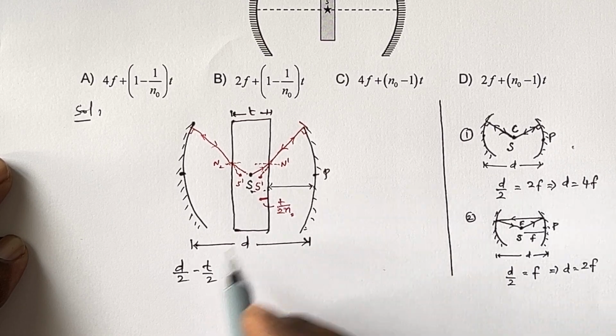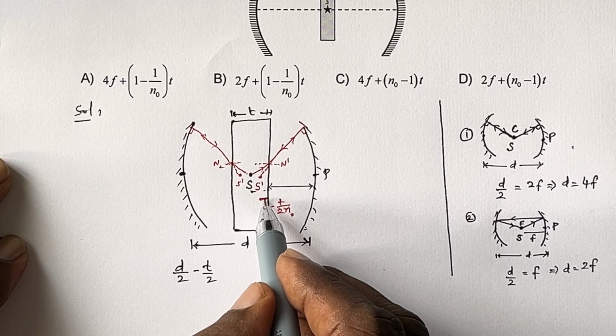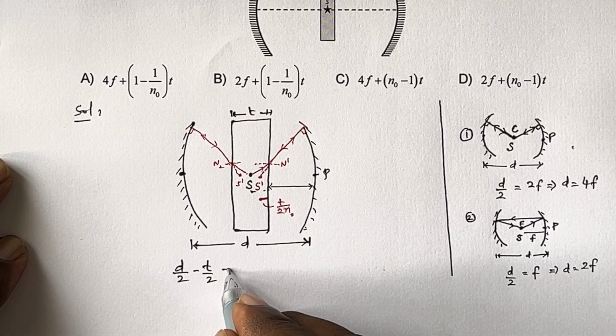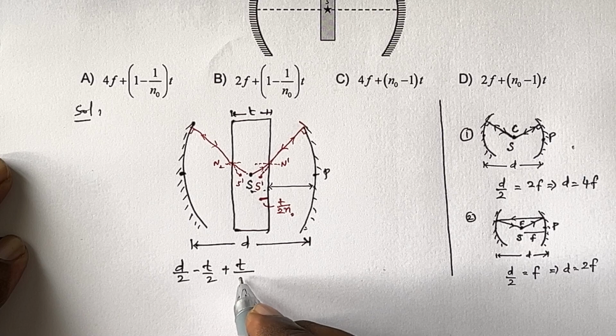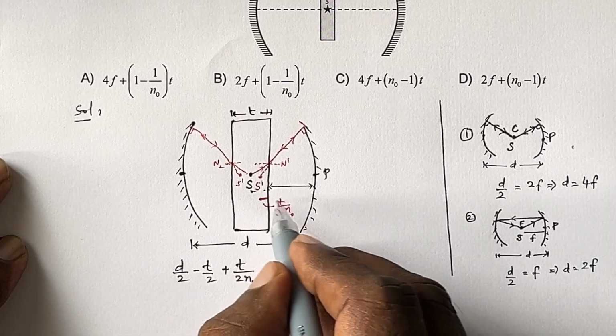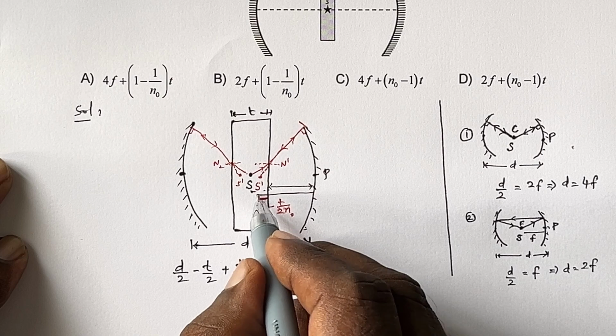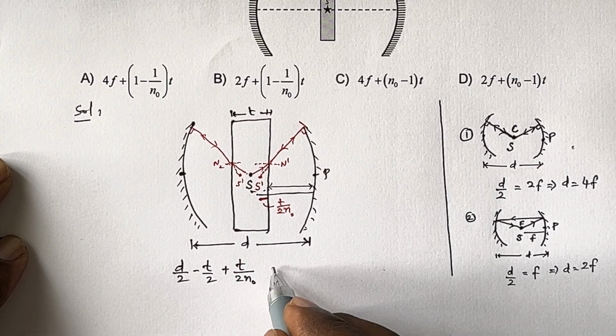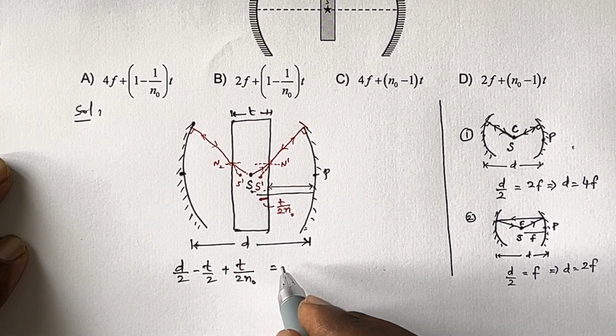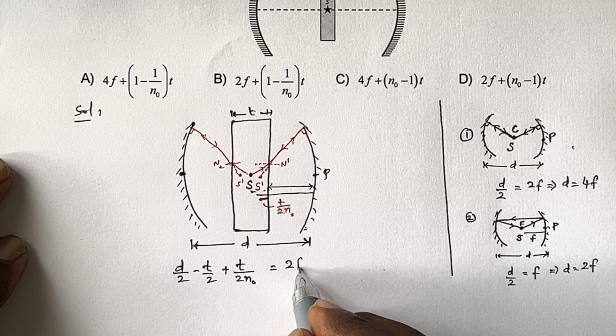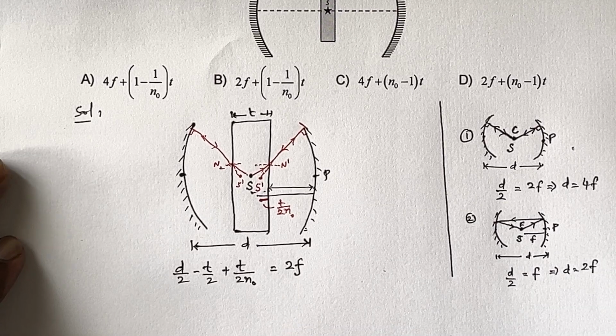So this distance is d by 2 minus t by 2, but this shift is there now. This shift distance is plus t by 2 n naught. Then we get the total distance from here to here, and that must be equal to 2f, the radius of curvature.